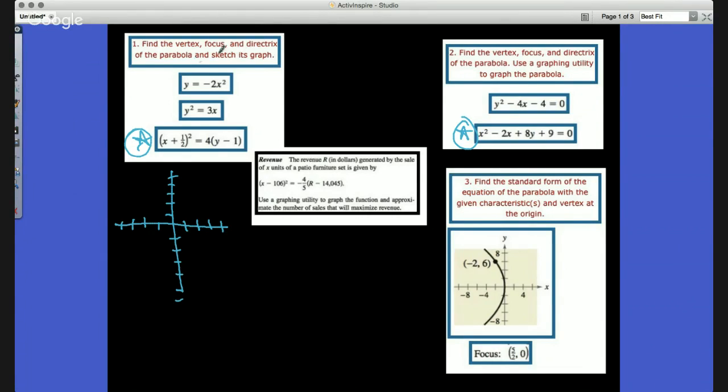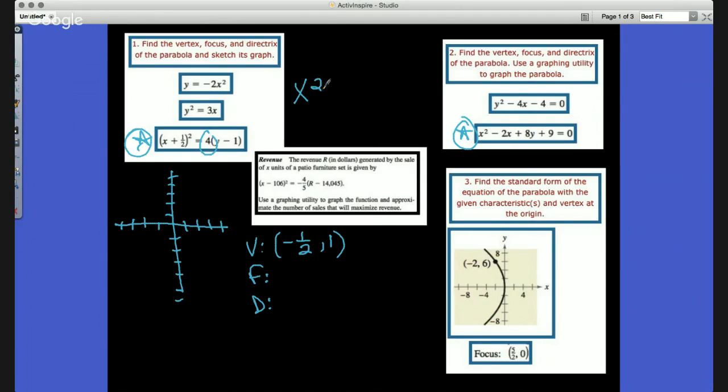Now it asks us four things, but the main things we need are focus, vertex, and directrix. In finding my vertex, it becomes easy when it's in this form because we just think of opposite. So this is going to be -1/2, comma, +1, okay? Remember that the value that's in front must be in front of whatever's not squared.